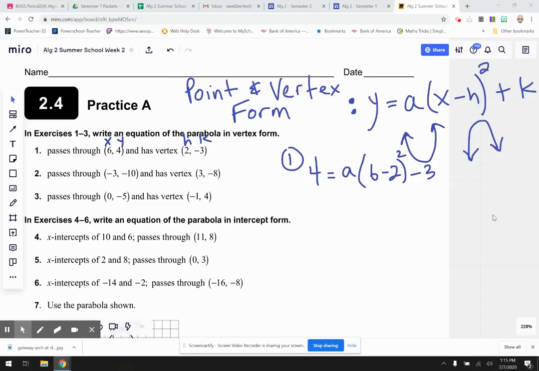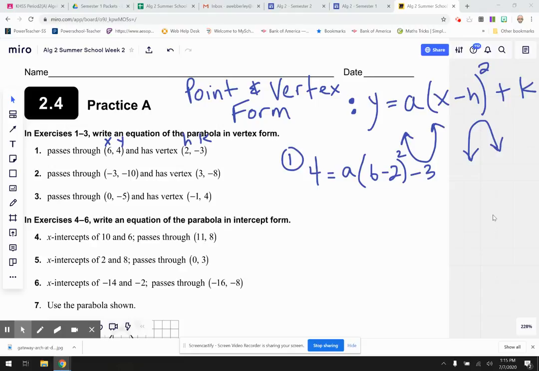Now, keep in mind that this formula has a negative with the h. So if your h is negative, which it wasn't here, it was a positive 2, that would flip back to a positive. So really what you're looking at inside of the equation is x and then the opposite of whatever h is. So x and the opposite of the 2 is negative 2.